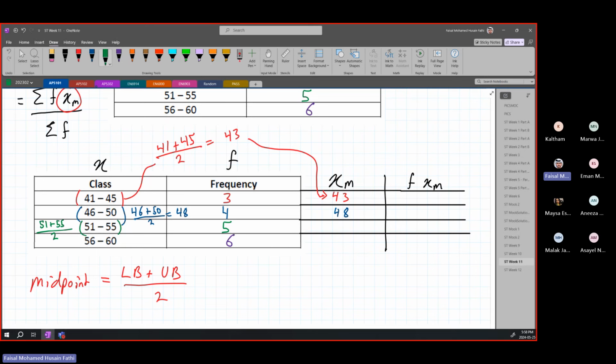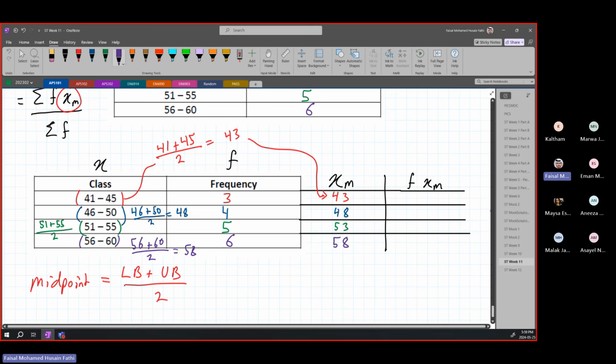All right, the small number versus the big number, the range of it, basically, you're going to add them and divide by 2. And this is going to give us 53. And lastly, this interval over here, it's going to be 56 plus 60 divided by 2, which is going to give us 58. And now you have to multiply this value with the frequency.